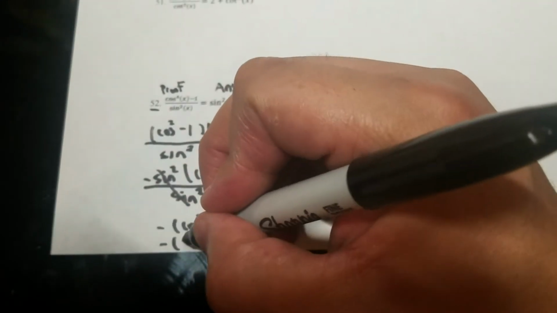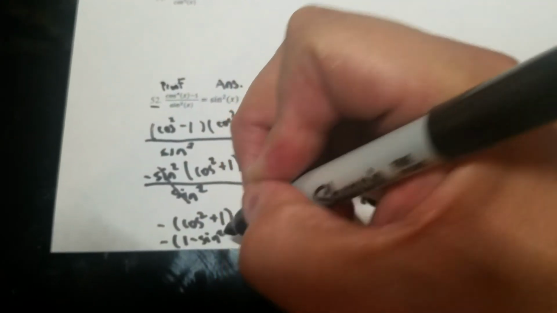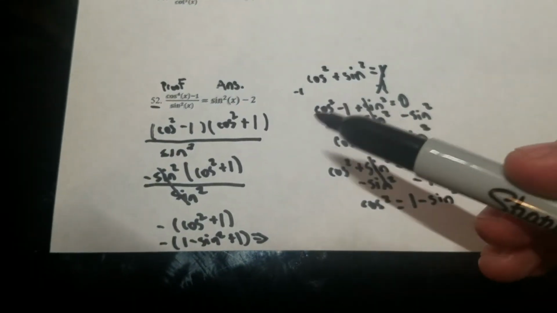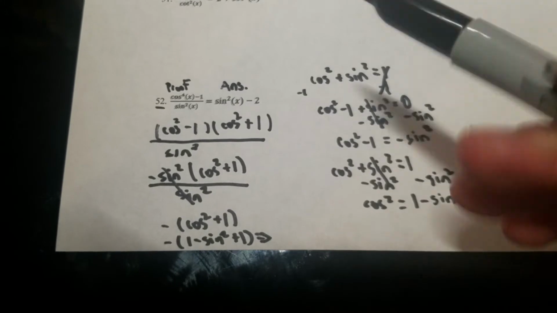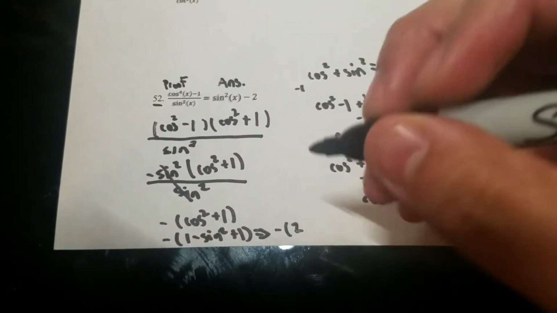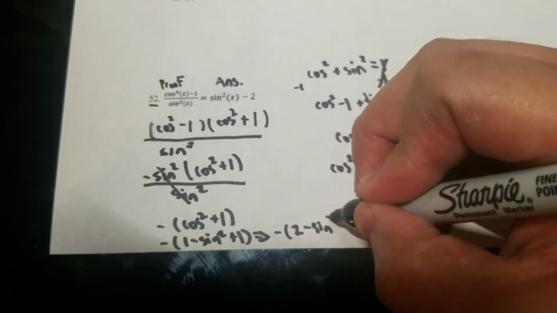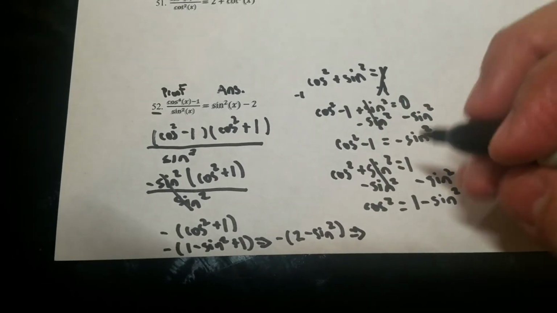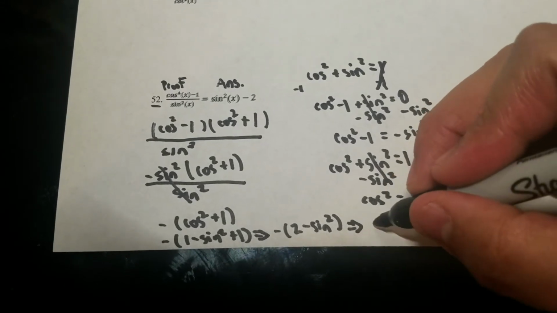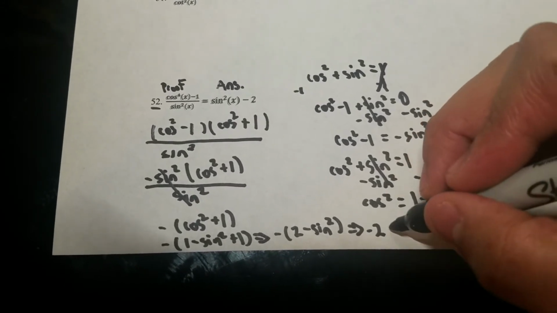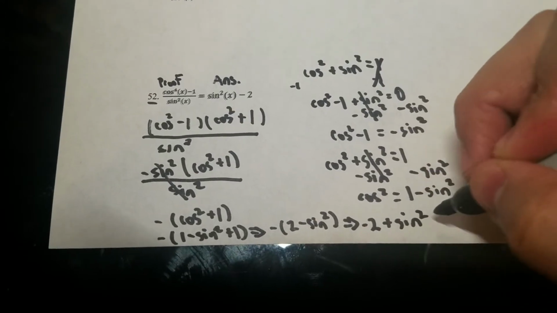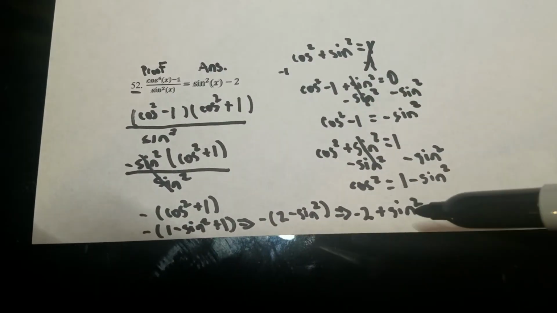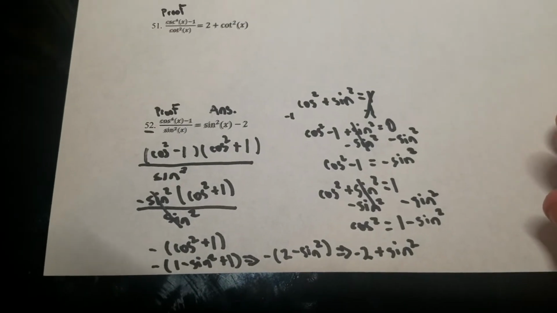So this is a negative on the outside. 1 minus sine squared plus 1. Okay, I'm going to keep continuing to simplify here. So 1 plus 1 is 2 minus sine squared. Distribute the negative, so this becomes -2 plus sine squared. Okay, it's not in the same order, but now it equals that. So now I've shown all my work to get to that point. So this is the final answer for that.